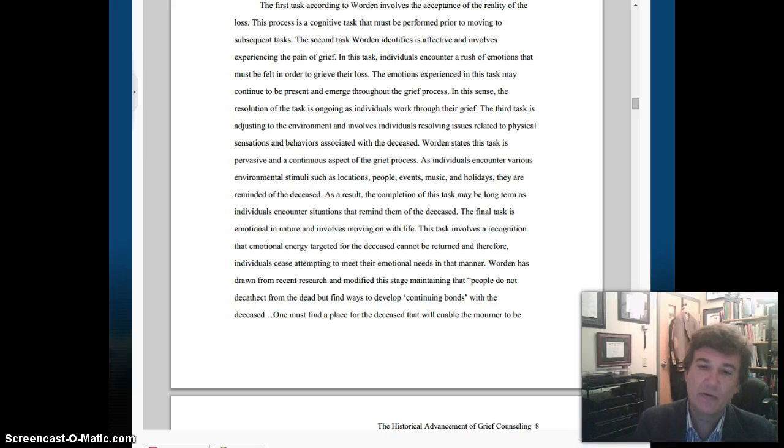And as we move through that first year, all of those things become stimuli, triggering memories and drawing out emotions that are connected with the individuals that we love. So the completion of this task may be long-term as individuals encounter situations that remind them of the deceased.